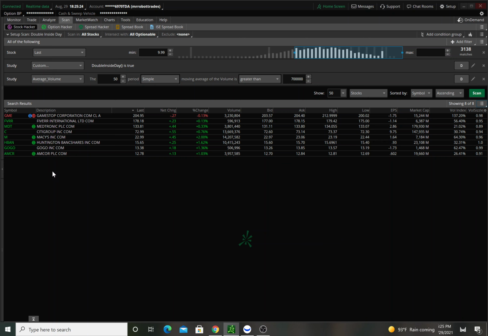I know that there's going to be liquid options and that there will be good small spreads, et cetera, stuff that I'm familiar with. So right off the bat on this, GameStop I've traded a lot. I've traded Citigroup once or twice, Macy's a few times. Honestly, I probably would not even look at the rest of these. I don't have 18 hours to go through every single thing on my scanner, so I really will narrow it down to things that I'm familiar with.